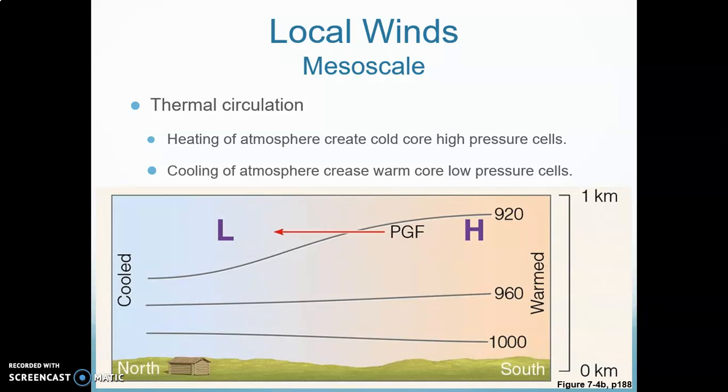In the north, where it's cooler, the isobars compress, and so they decrease in altitude. As a result, your pressure at a given height over the southern area will be slightly higher than the pressure at the same height over the north area.